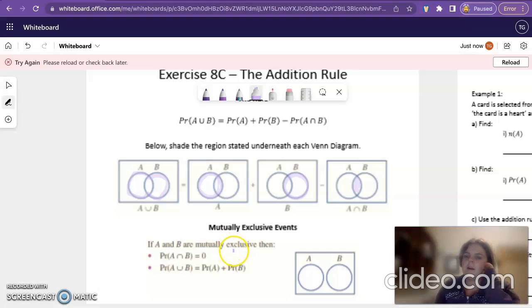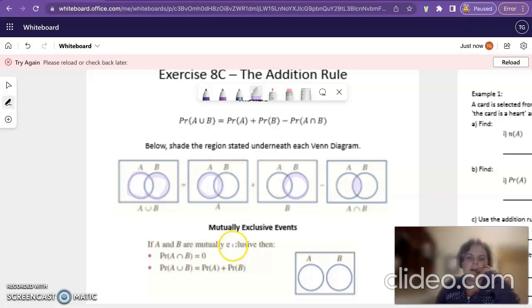Maybe choosing a red card is event A, choosing a black card is event B. They're mutually exclusive. There's no intersection there. Maybe rolling a die, maybe numbers 3 or larger is event A, and 2 or less is event B. They're mutually exclusive. You can't have both.